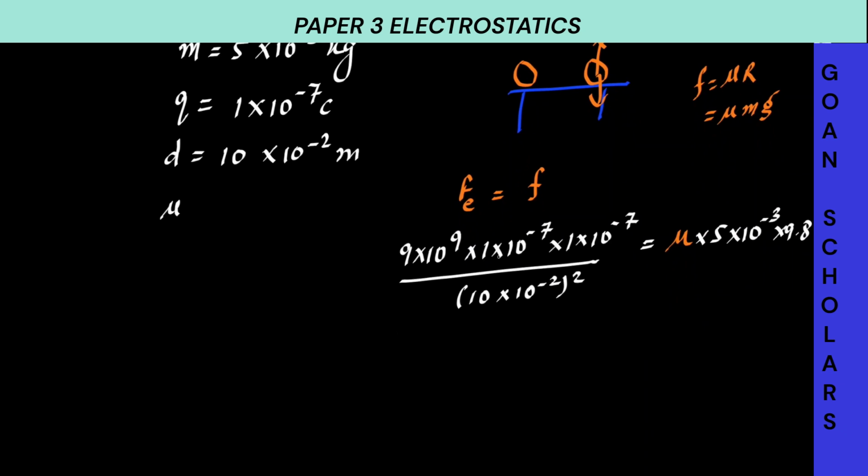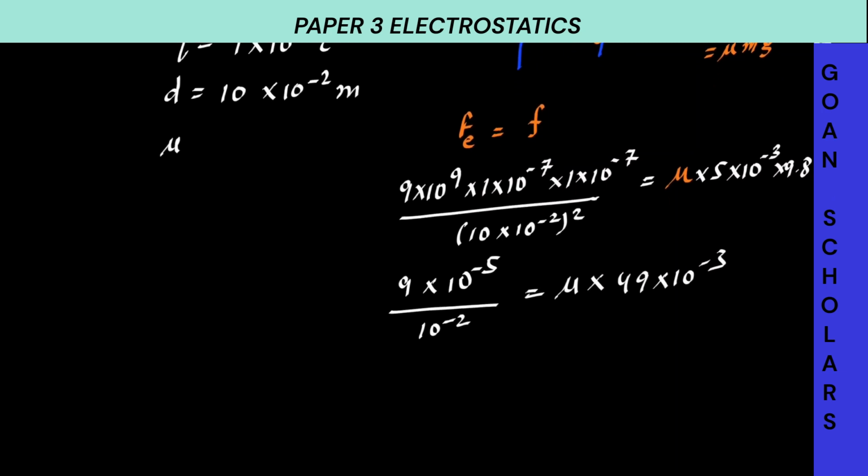Clear? So let's simplify the left hand side first. 9 into 1 into 1 is 9, and 10 to the power 9 minus 14 gives minus 5, and this is divided by 10 to the power 1 minus 1 whole square, minus 2, equals mu into 5 into 9.8, that will give us 49 into 10 to the power minus 3.